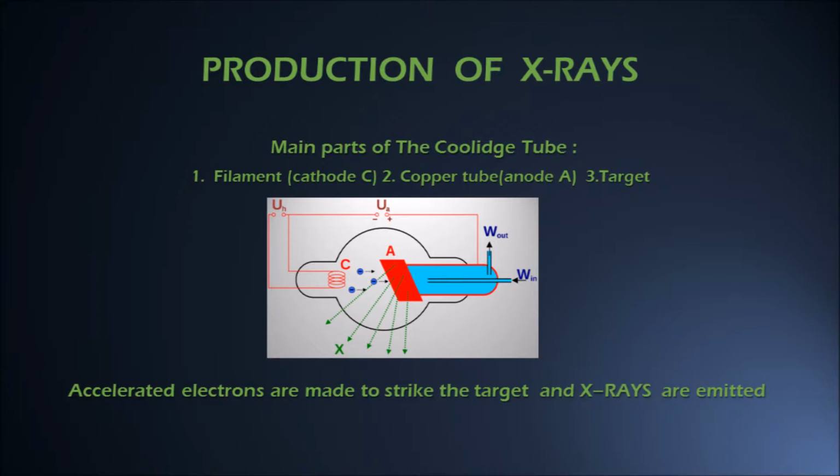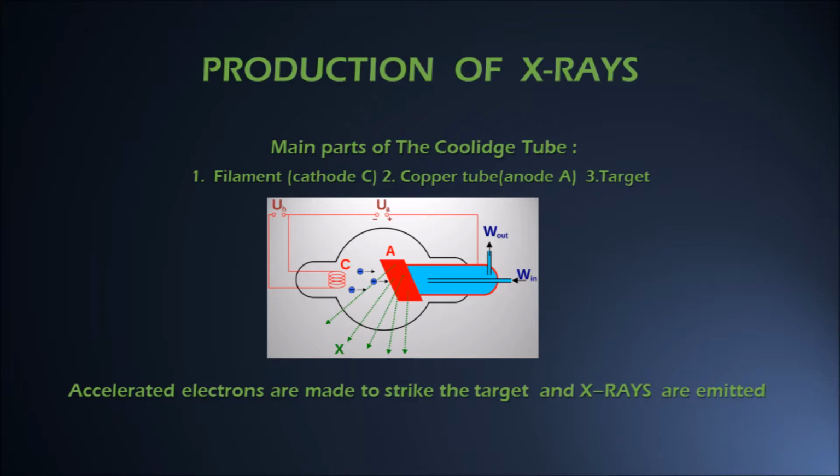The beams of electrons produced by filament are accelerated to a very high energy under high potential difference and are then made to strike the target that acts as anode. After penetrating the target, these electrons come to rest.